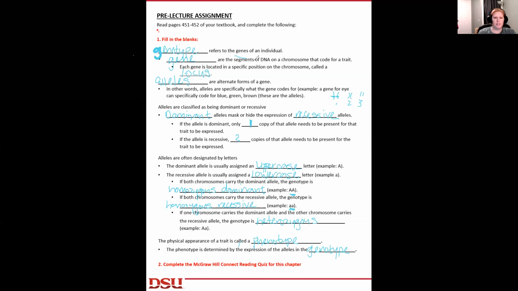Up here, genotype obviously has the first part of the word gene in it. So genotype is the genes. And the phenotype right here has a PH to go with physical appearance. Okay. The way I remember this and would encourage you to remember this is that the genotype determines the phenotype.